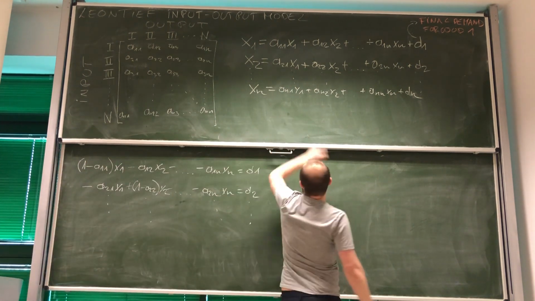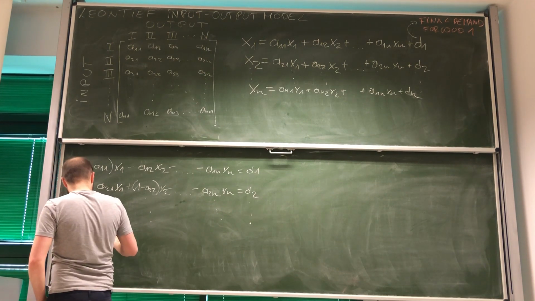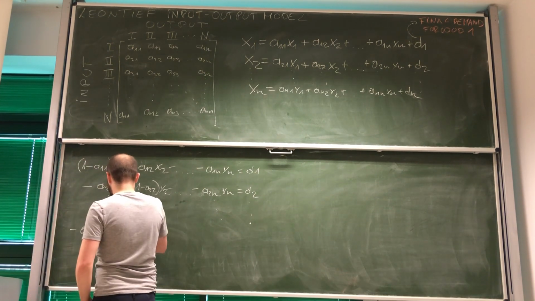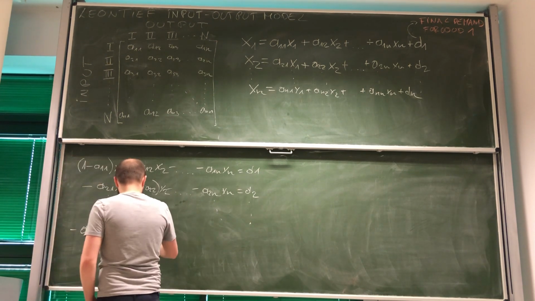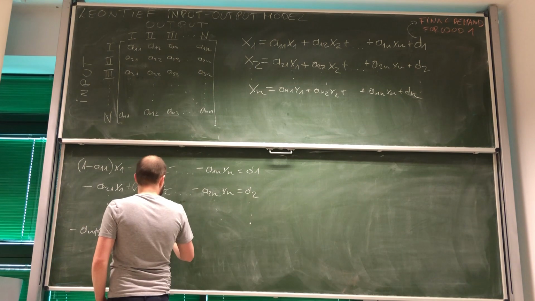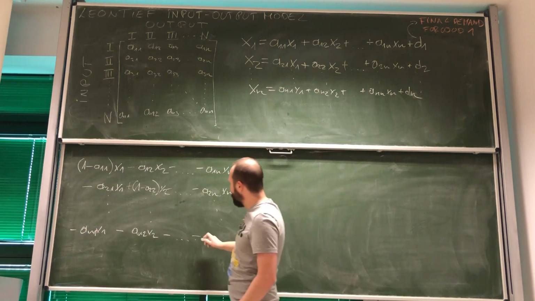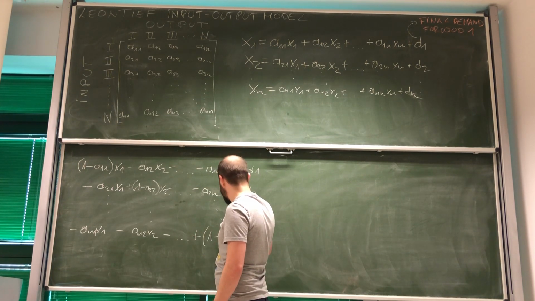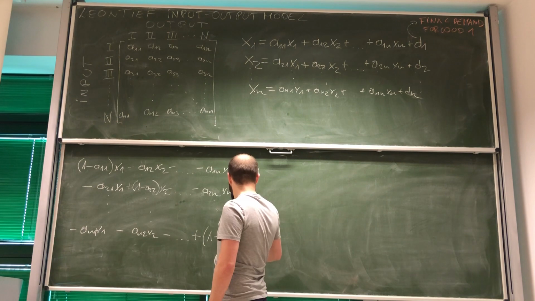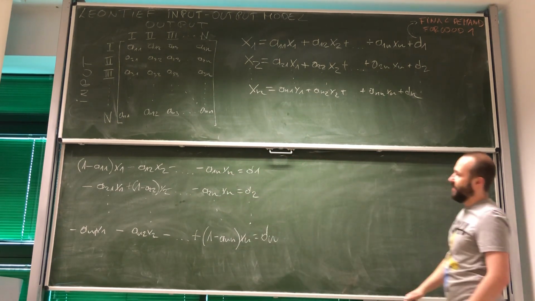First we subtract an1 x1, then we subtract an2 x2, until we subtract the last expression. So over here we've got plus 1 minus ann xn, and this is equal to dn.